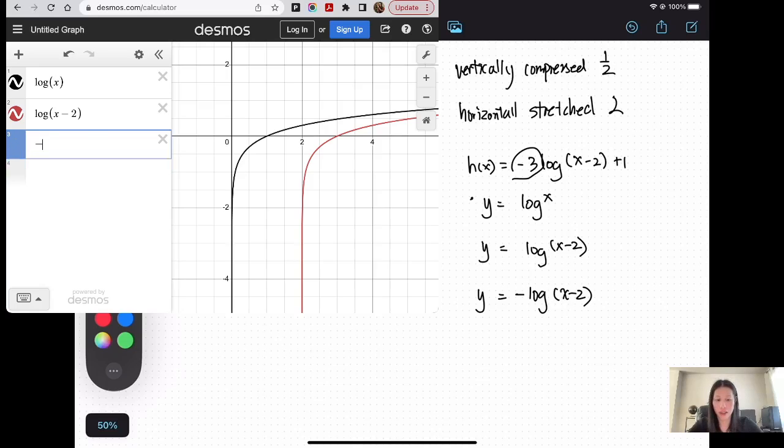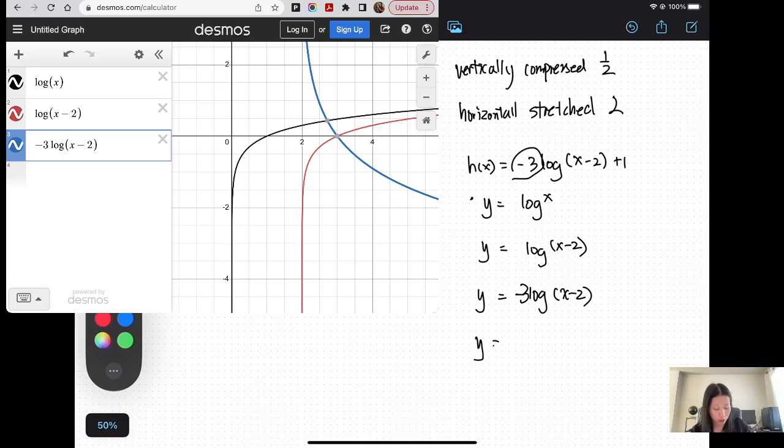So I have a negative log x minus 2, so that I have the blue one. Or you can do it together, and then you times 3, that gives you what? You flip it, and also you will have a vertical stretch. So look, the blue line is more stretchy than the red one.